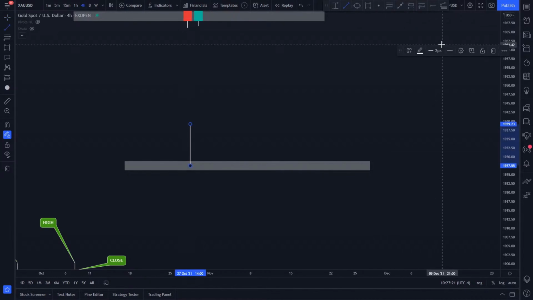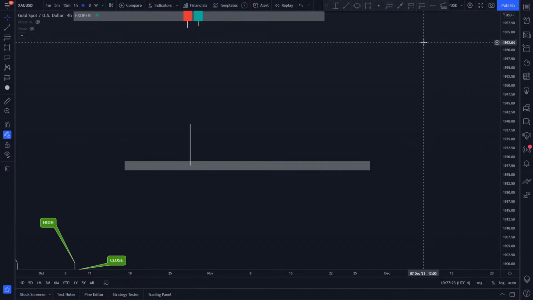All right, so Morningstar. What is a Morningstar, right? The Morningstar is a 3-candle bullish reversal pattern that you can see at support or resistance, okay? So normally the first candle has to be bearish. The second candle has to be a small range, and the third candle has to be higher, at least higher than 50% of the first candle, right?